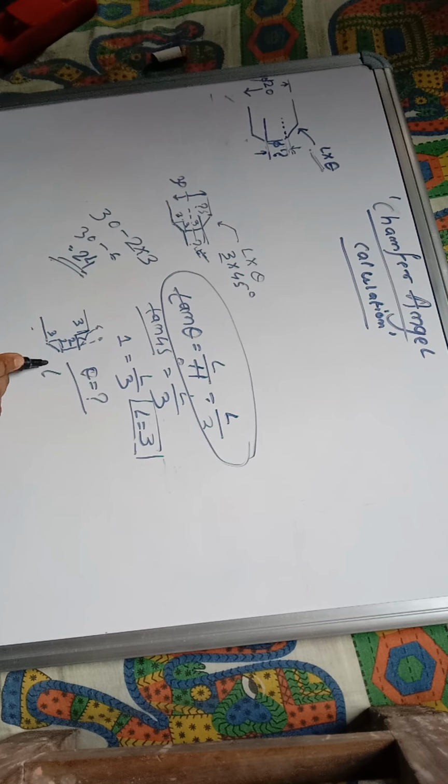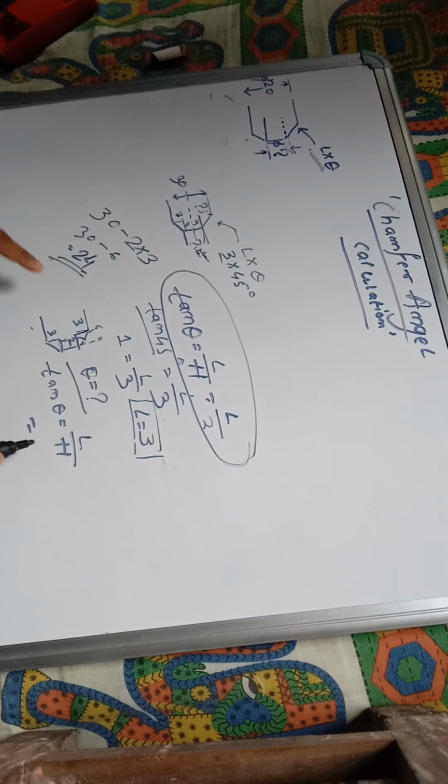Then what will you do? You simply put the value of tan theta. You all know the formula: length by horizontal distance. The length value is 3 and this value is 2. You put it in the calculator: tan inverse 3 by 2.